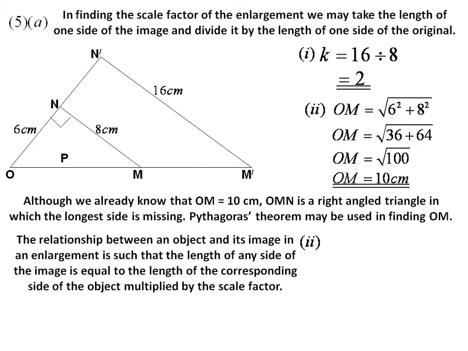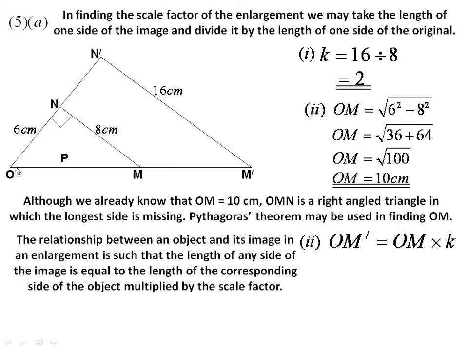The relationship between an object and its image in an enlargement is such that the length of any side of the image is equal to the length of the corresponding side of the object multiplied by the scale factor. We need to find OM prime.